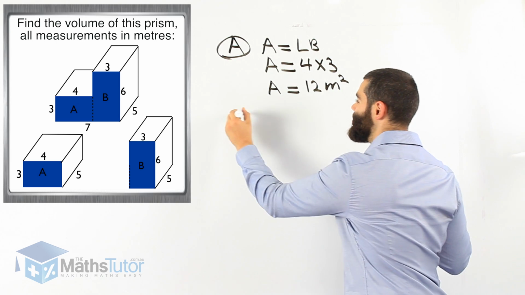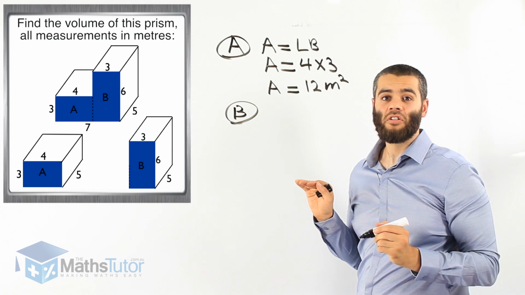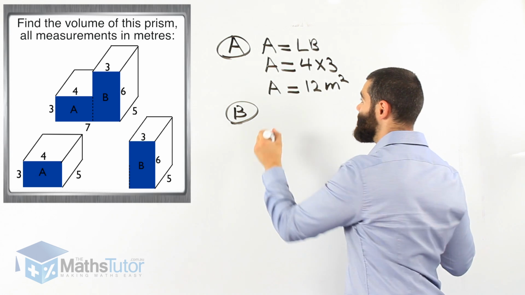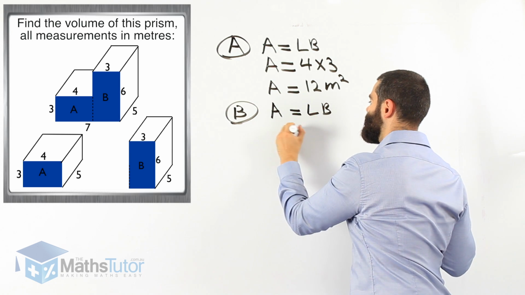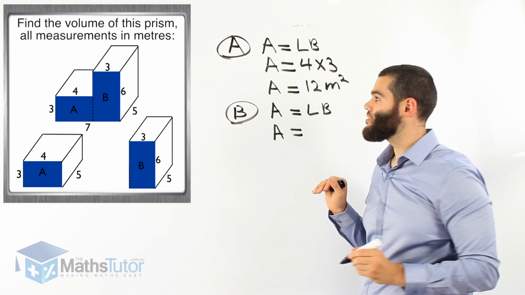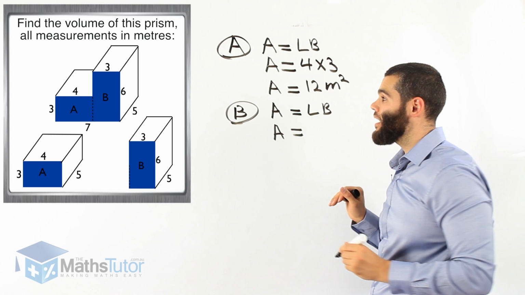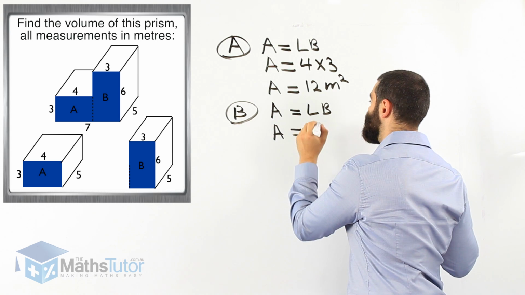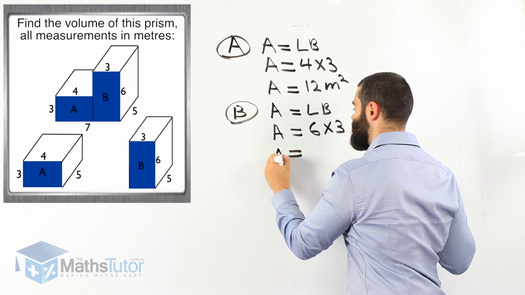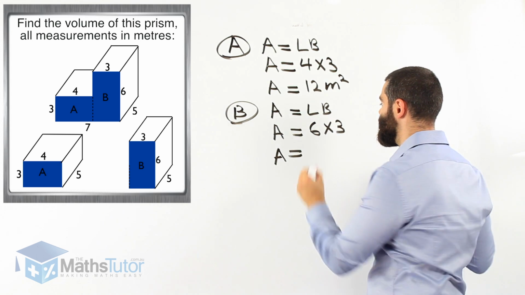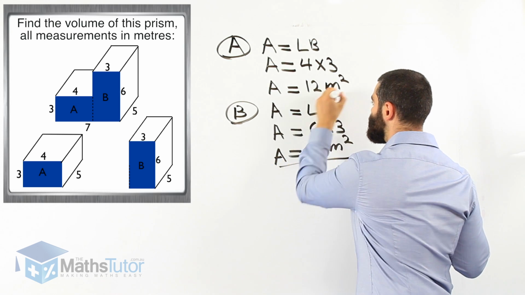Now we want to find the area of cross section B. We know the area of cross section B, again it's a rectangle, so A equals LB. The cross section there, the length is 6 and the breadth is 3. So 6 times 3, the area is 18 square meters.